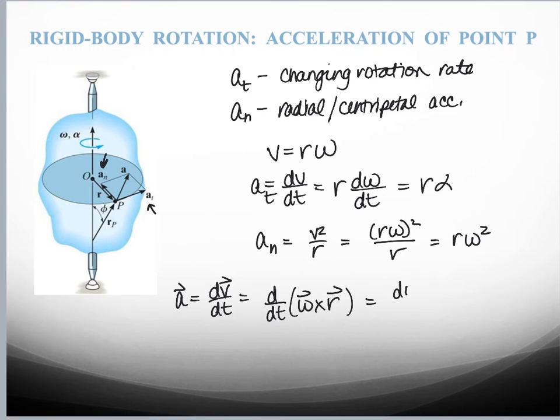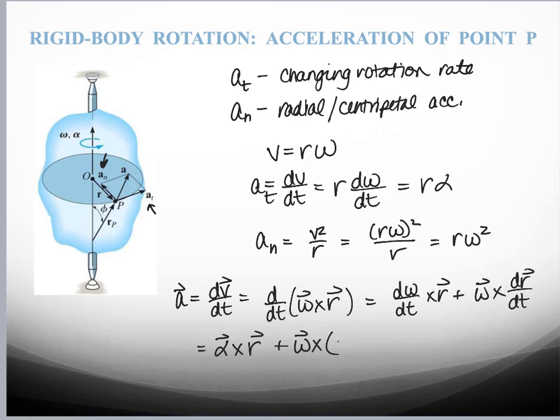So that's going to give us d omega dt cross r plus omega cross dr dt, and d omega dt is alpha, and now we can do a substitution. Dr dt is just v, and we'll substitute in omega cross r. So these are our two terms. This is our tangential, and this is our normal.